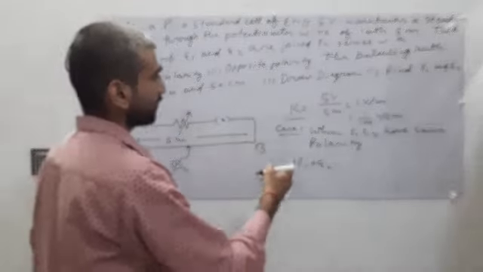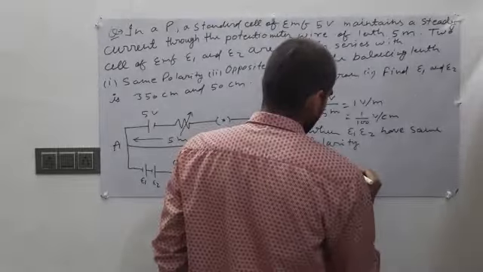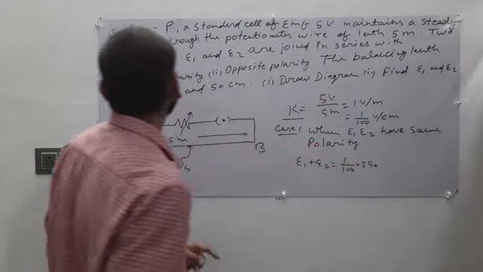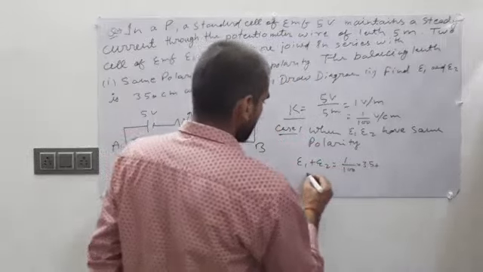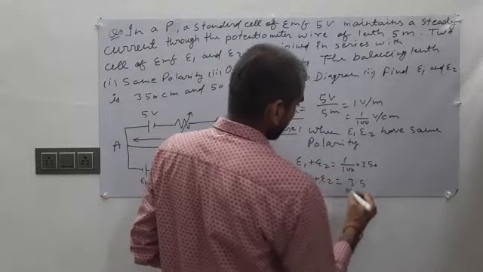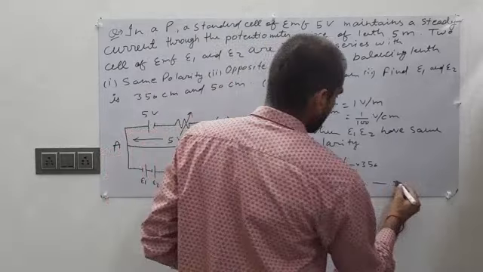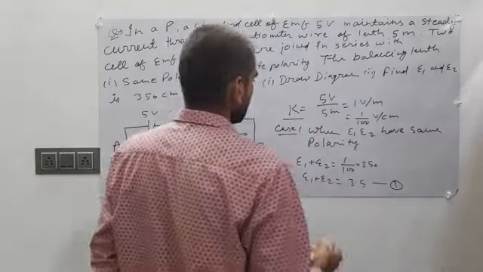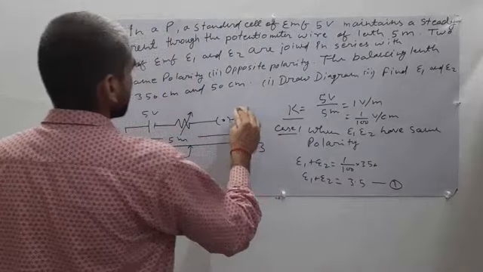The value of K is 1/100 and L1 is 350, so E1 plus E2 equals 3.5. This is equation number 1.